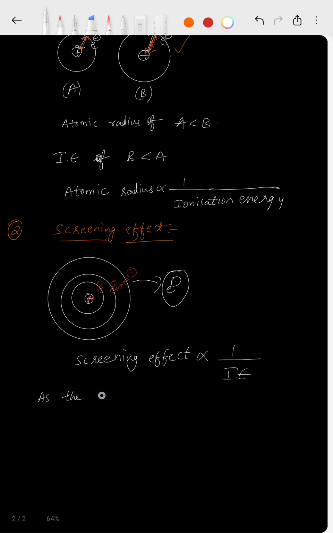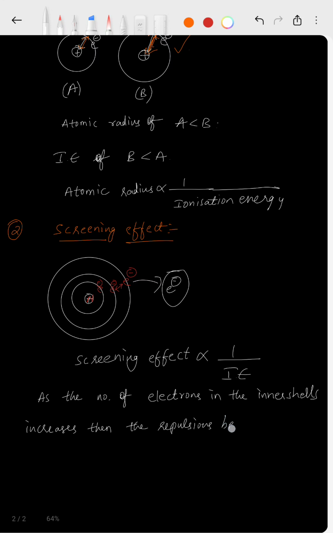As the number of electrons in the inner shells, or else in the four shells also we can find, increases, then the repulsions between the outermost shell and the inner shells increase. So we can remove the electron easily.